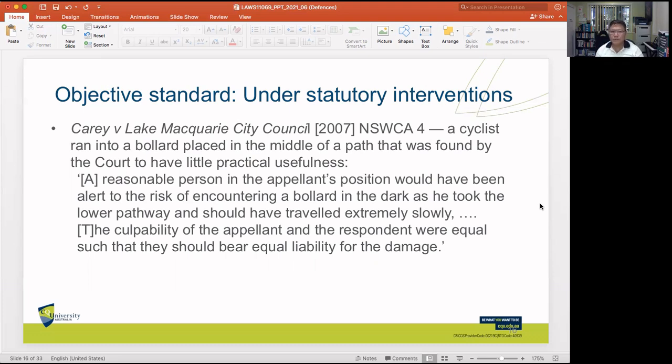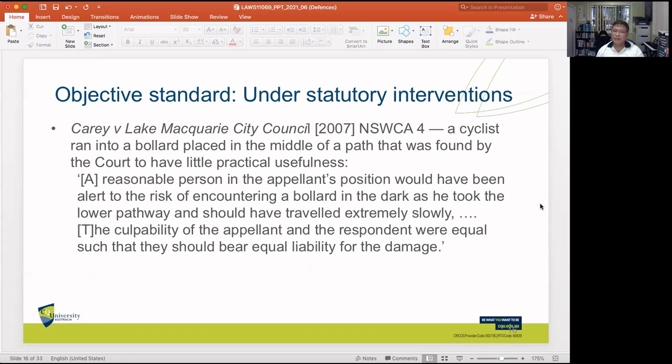He was traveling fast, in an area where there was a bollard in the path that was put up by the Lake Macquarie City Council. And the court found that there was little practical usefulness for that bollard having been placed. So there was negligence clearly on the part of the Lake Macquarie City Council.